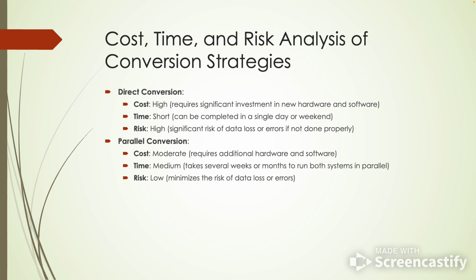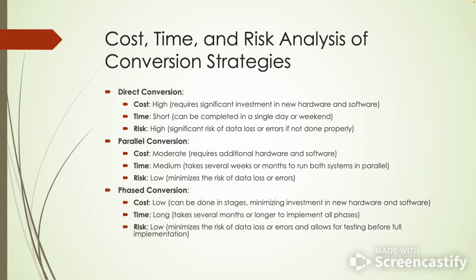It takes longer to complete, but it is less costly and carries a lower risk of data loss or errors. And the last one is the phased conversion. It is the most cost effective, but it takes longest to implement and carries a low risk of data loss or errors. Each approach has its own set of trade-offs, and the best approach will depend on Mystic Brewery's needs.